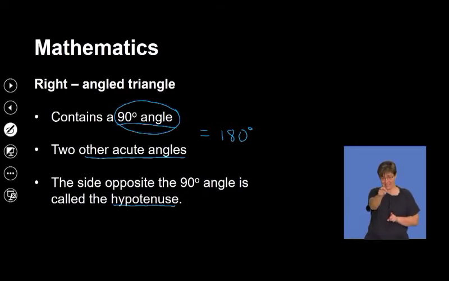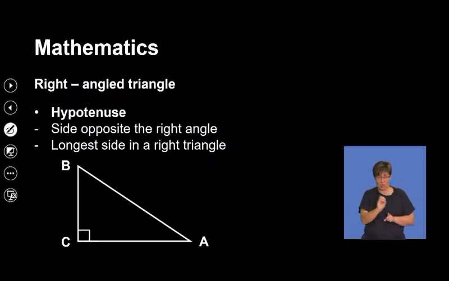If not, then you're not talking about the same thing as me. As I said, the hypotenuse side is the side opposite the right angle. It is also the longest side in a triangle. So in this instance, the hypotenuse side will be the side AB.